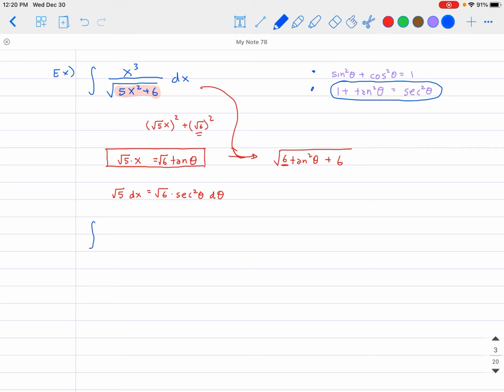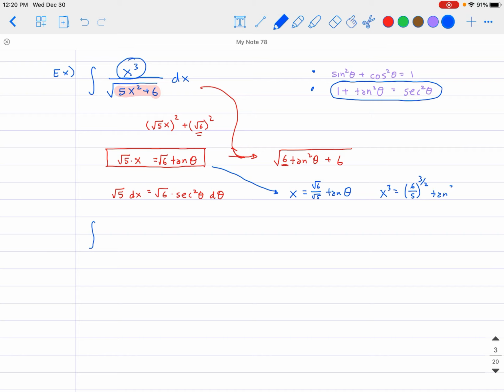The integral, now this is going to be kind of nasty here, so just bear with me. The top part, we have x cubed. So let me go ahead and take this guy right here and solve for x cubed then. So that's going to be x is equal to root 6 divided by root 5 multiplied by the tangent of theta. So if I cube both sides, then x cubed is going to be 6 over 5 raised to the power of 3 divided by 2, just rewriting the root as a 1/2 power.